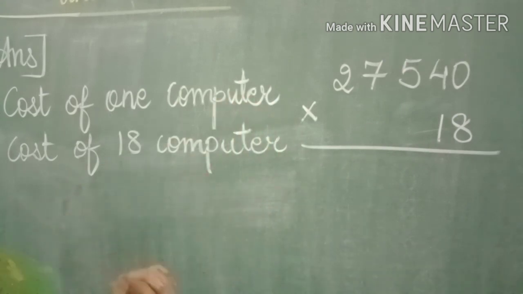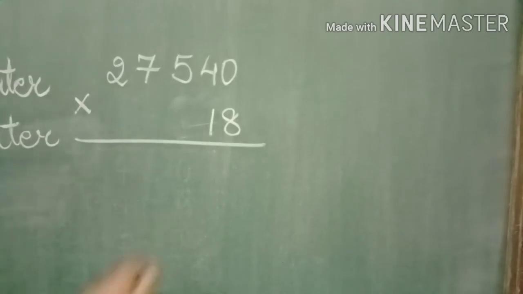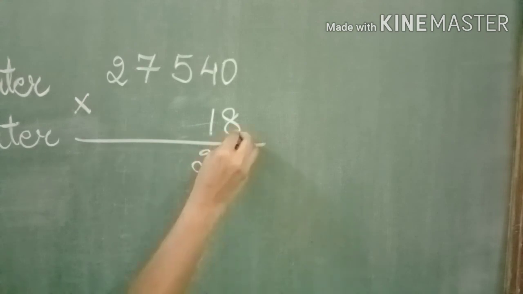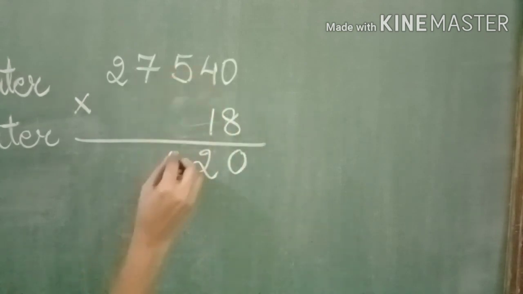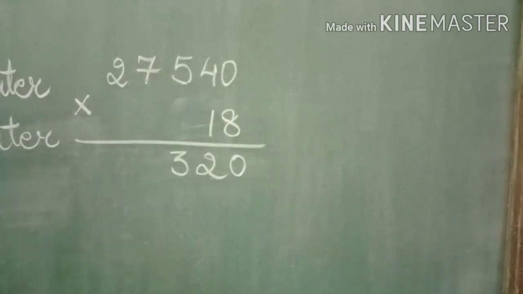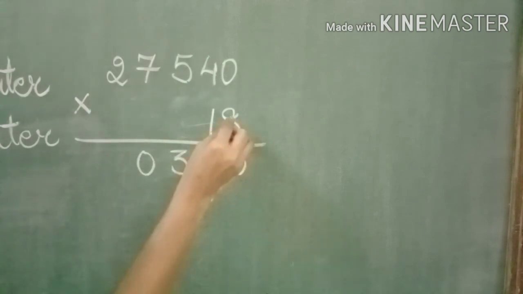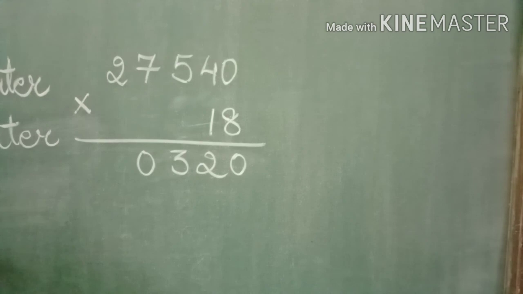Let's start with the calculation. 8 zeros are 0, 8 fours are 32, 3 carried, 2 written down, 8 fives are 40, 40 plus 3 becomes 43, 3 written down, 4 carried, 8 sevens are 56, 56 plus 4 becomes 60, right everyone? 6 carried up, 0 written down, 8 twos are 16, 16 plus 6 becomes 22.